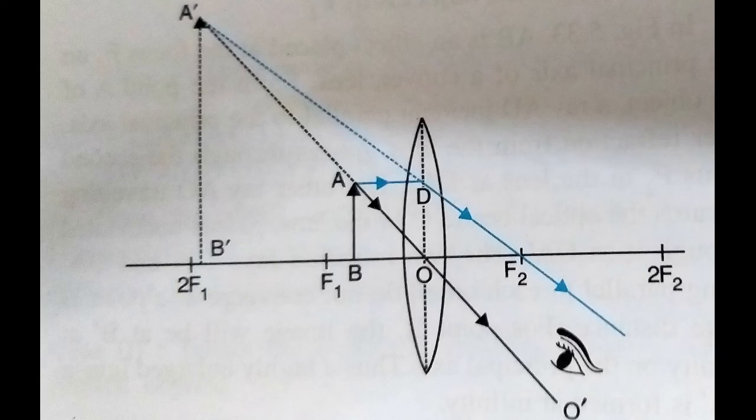But in this case, we are placing an object in between focus and the optical center of the convex lens, and finally the image is formed beyond the lens on the virtual side, and you can see it is on the same side as that of the object, and that side for image is called virtual side, I already told you. And you can see it is highly magnified, erect, virtual, and it is placed on the same side as that of the object, and that is commonly used in magnifying glass.